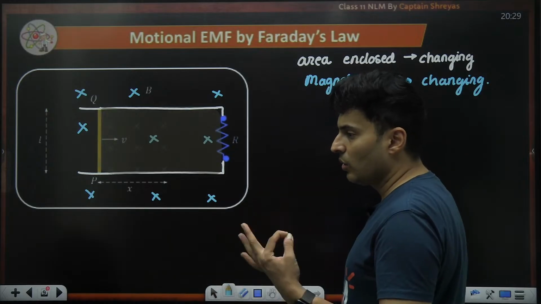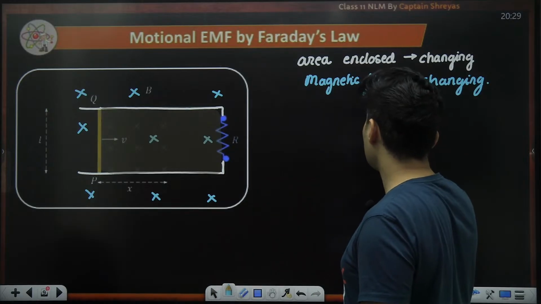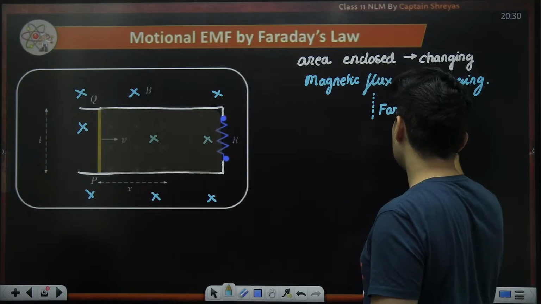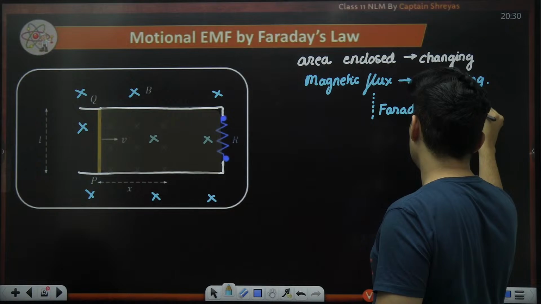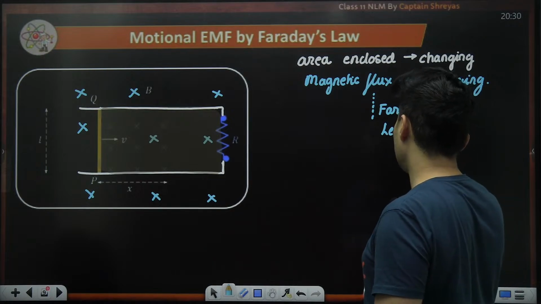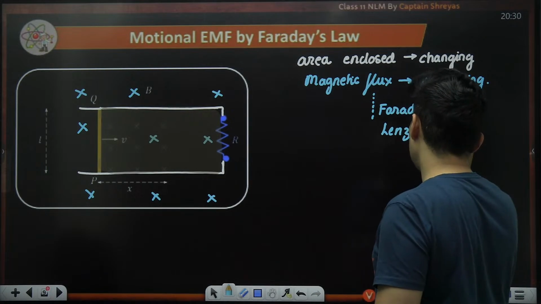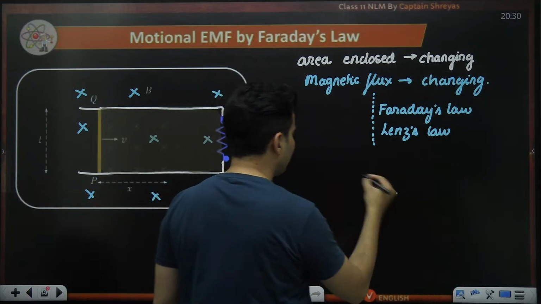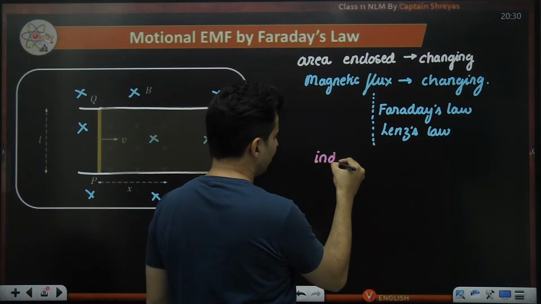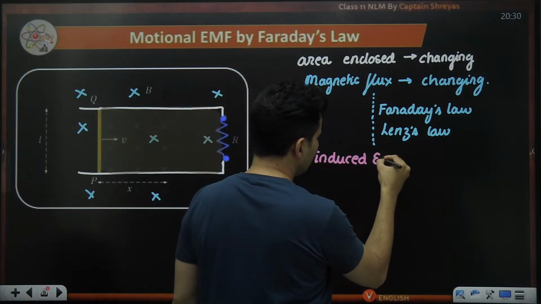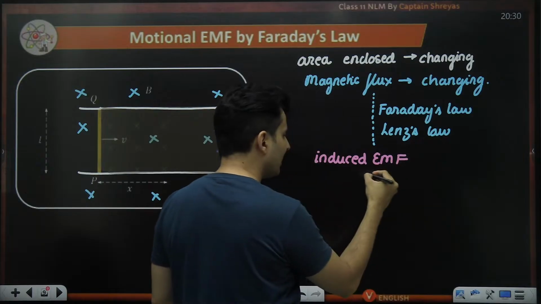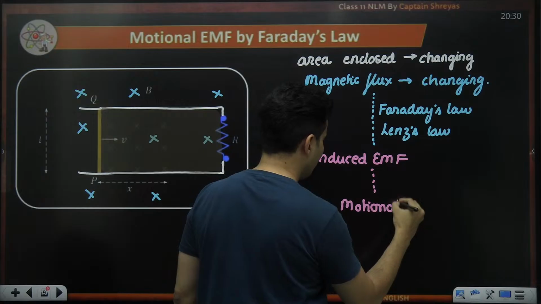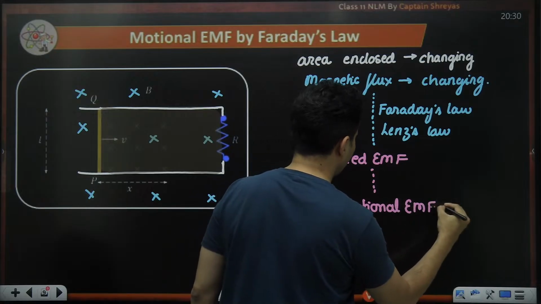Because of this, what will happen? We have to use which law? Faraday's law. By Faraday's law, and also Lenz's law gives me the direction, I can immediately say there will be an induced EMF which then can be treated like the motional EMF.